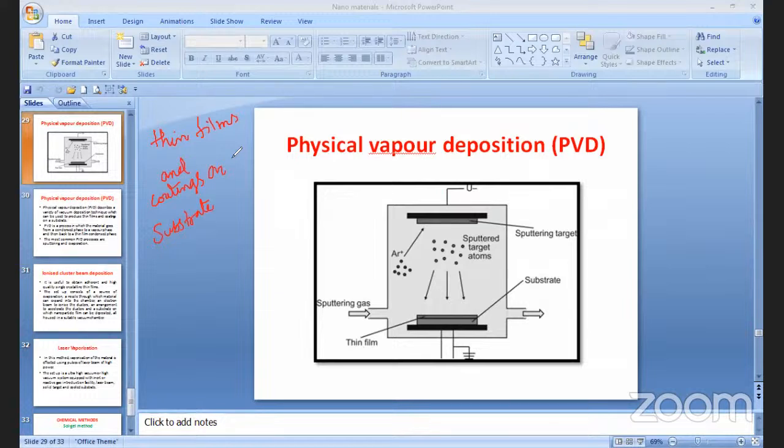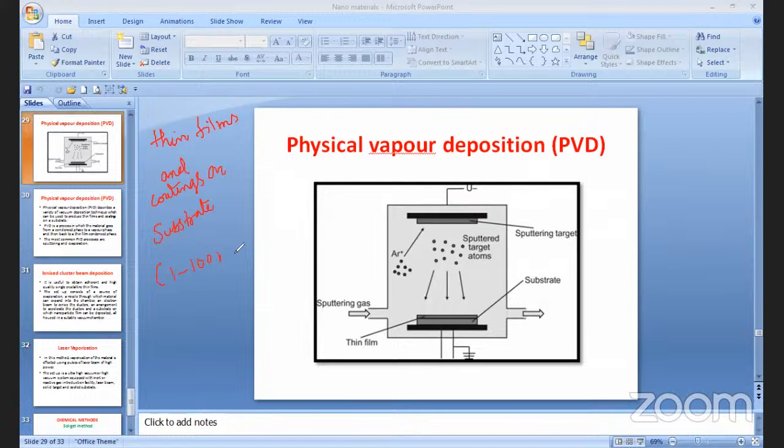Physical vapor deposition is a dynamic bottom-up synthesis technique, which is capable of producing thin films or thin film materials having a size in between 1 to 100 nanometers.